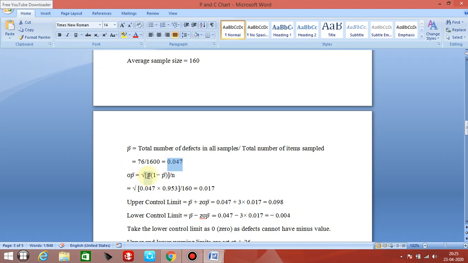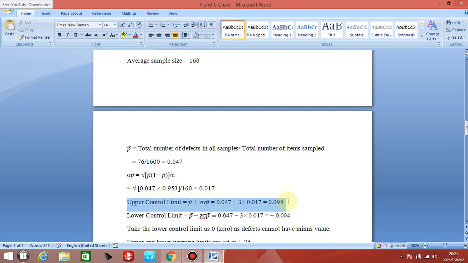We have P bar as 0.047 into 1 minus P bar, that is 0.953. Multiply that, divided by n, the average sample size, 160. So we are getting 0.017.